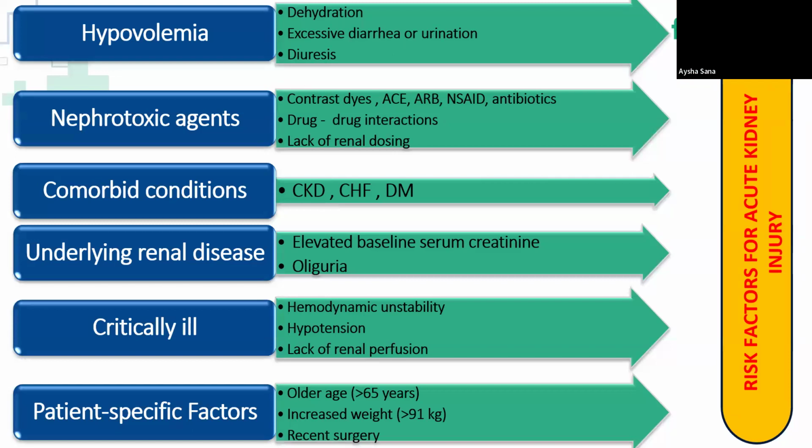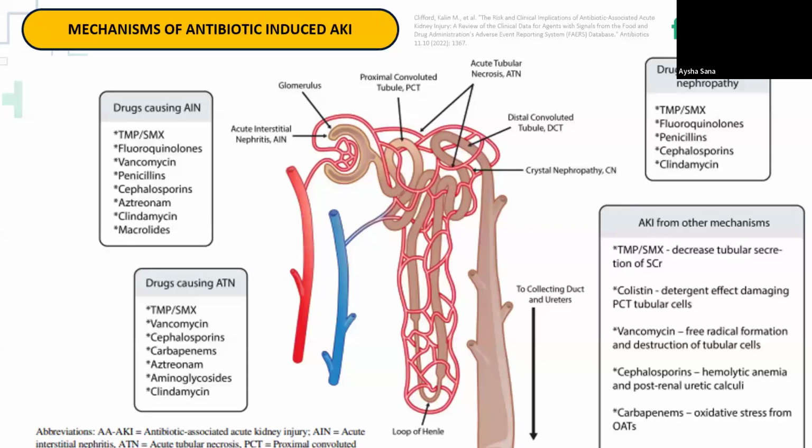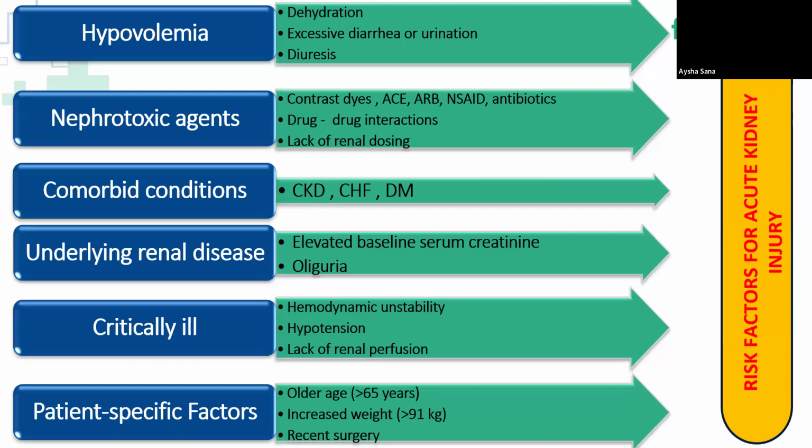One example is patients who are hypovolemic. Patients who are hypovolemic can be due to dehydration, excessive diarrhea, urination, or diuresis. For example, if a patient becomes dehydrated, it is important to consider dose modification in such patients.